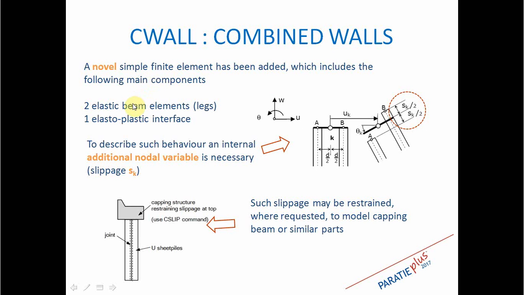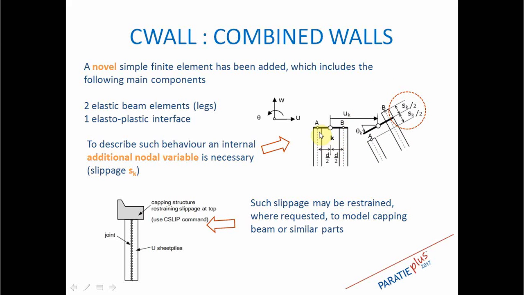this element is composed internally by two elastic beam elements that we call legs, and one continuous interface between such two legs. And to describe the behavior of the element, it is also necessary to activate an additional degree of freedom in the model that we call slippage S. And in this brief sketch, we see the kinematics of the element at each node.